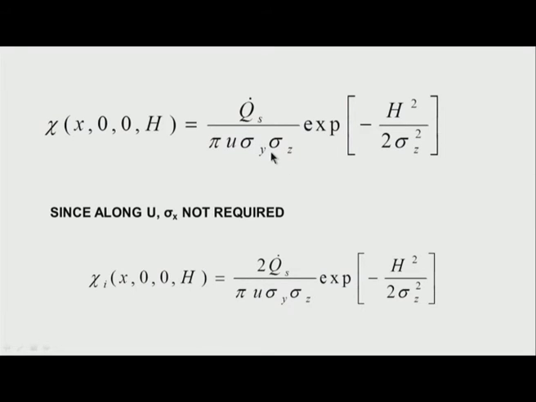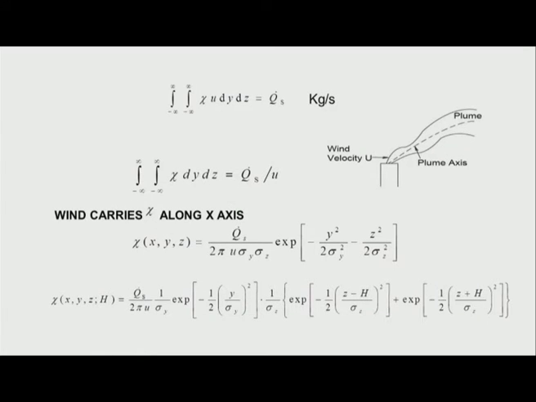If I focus back on the particular problem, this is the value of concentration at x, y, z when the height of release of the steady leak is, let us say, q dot s. If I am interested along the center line, that means y is equal to 0, and on the surface of the ground, namely z is equal to 0, what do I do?